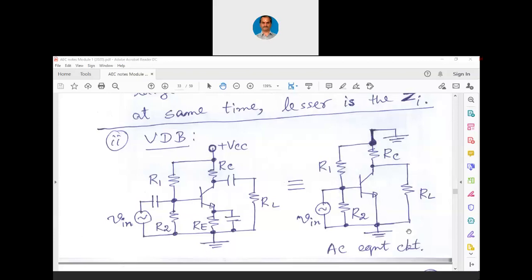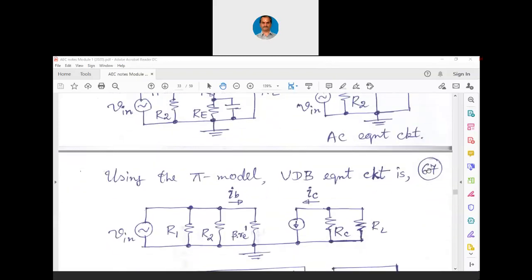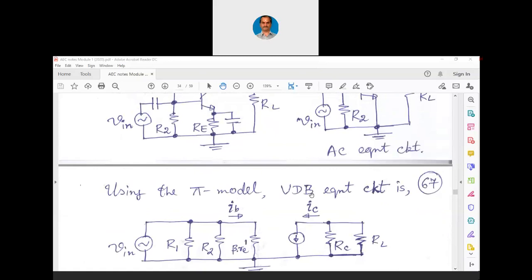Using the pi model, the voltage divider bias equivalent circuit is V in, and that is in parallel with R1, parallel with R2, parallel with beta into RE dash, and at the output side we have IC, current source, then we have RC, then we have RL.